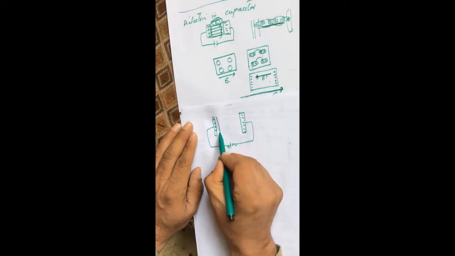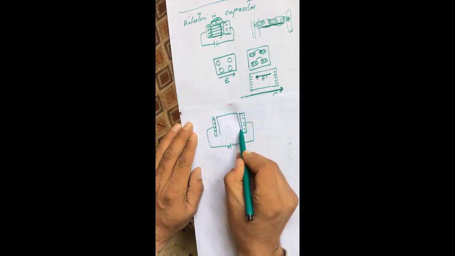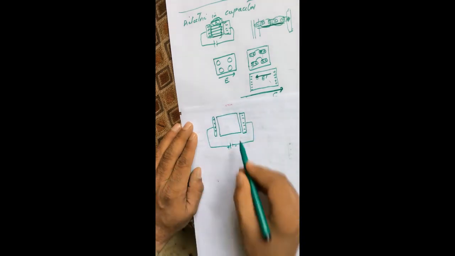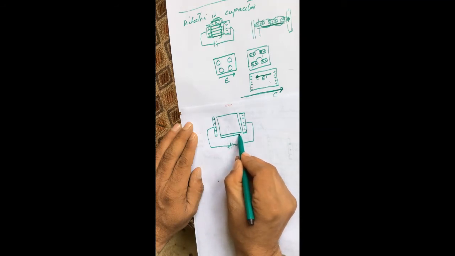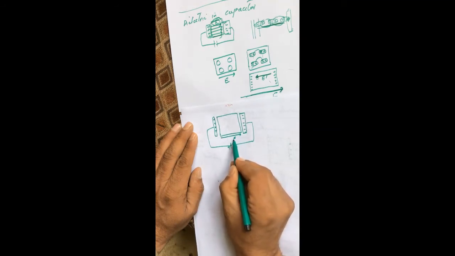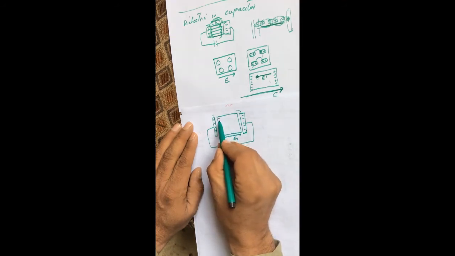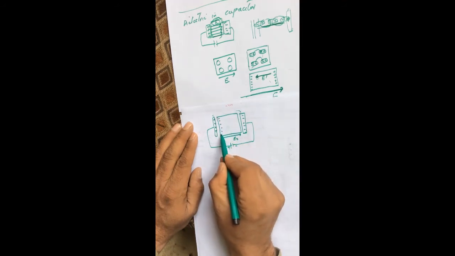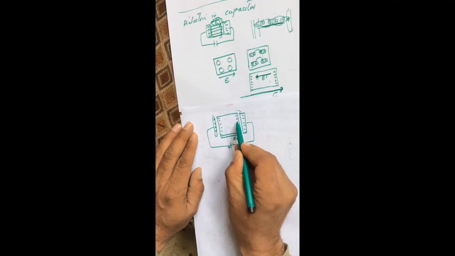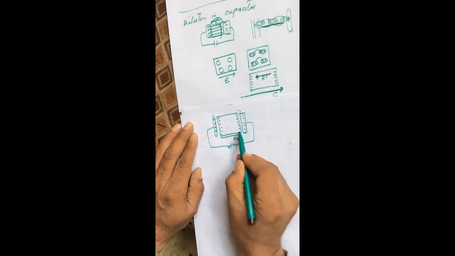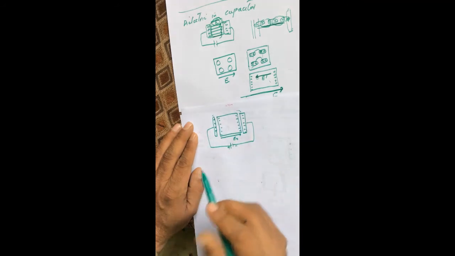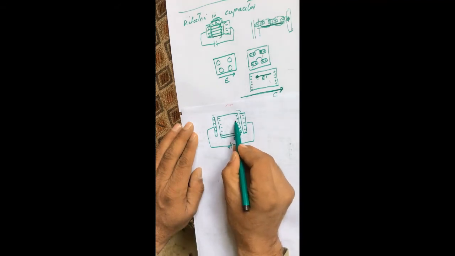And once we place a dielectric material here, the external electric field is this one. This is E naught, which is due to these plates. While inside, there is a separation of charges. Positive charge appears here, negative charge appears here. So here we have an internal electric field E prime.